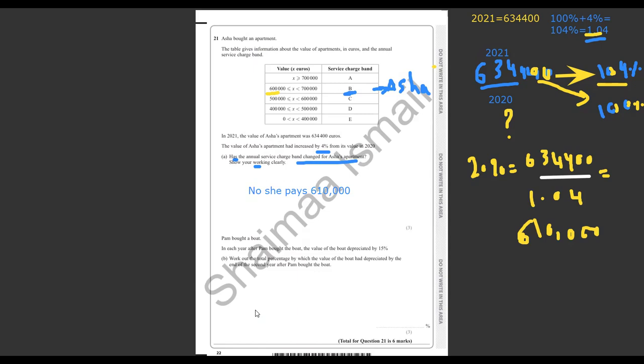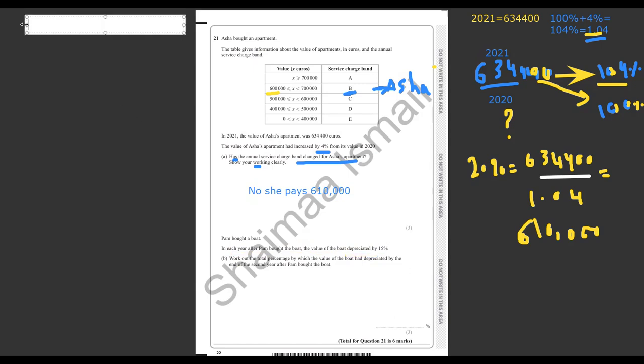Okay, number B, let's see it. Pam bought a boat. In each year after Pam bought it, the value of the boat depreciated, which means decreased, by 15%.